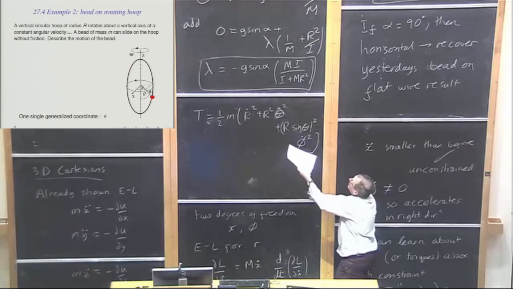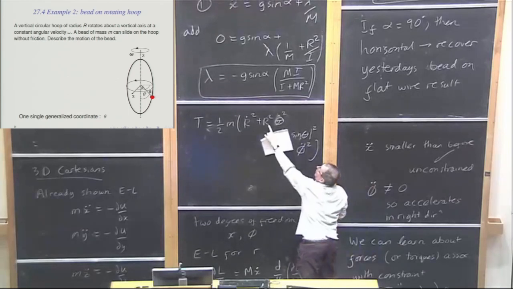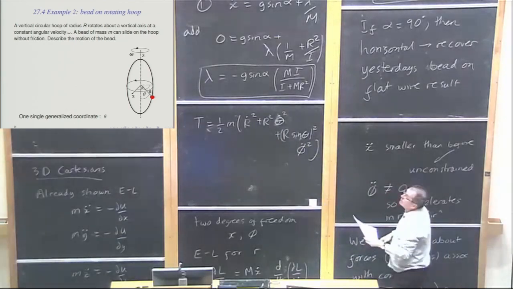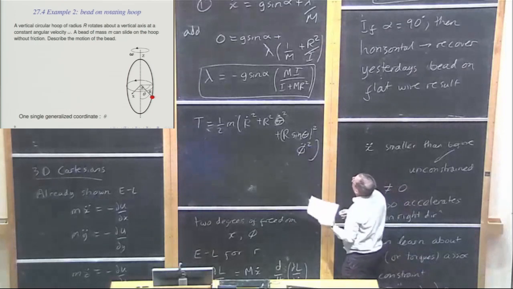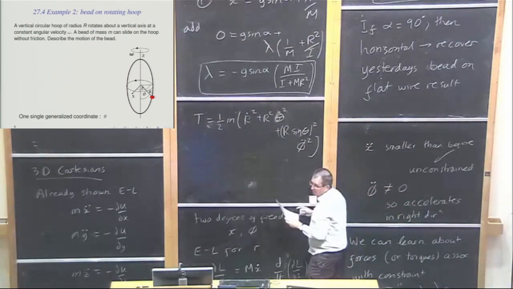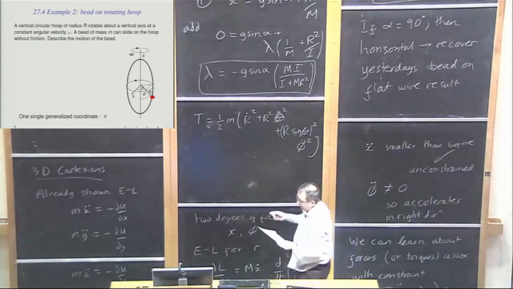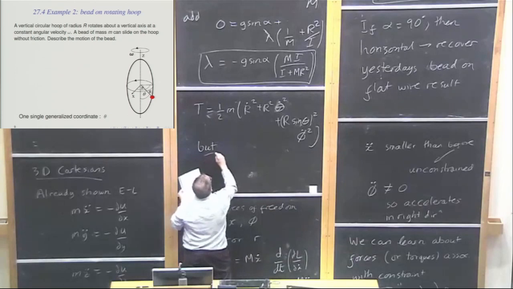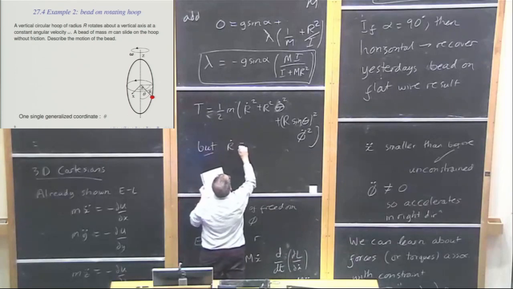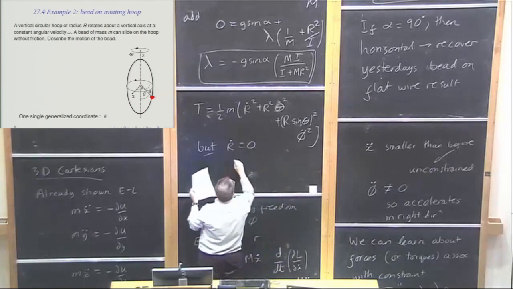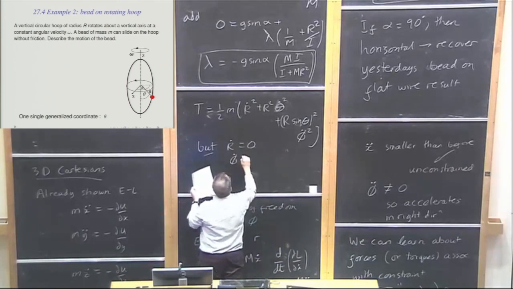The second term, it's a bit of a mess, but that's r squared theta dot squared, okay? Not as I first wrote it. And the last term is r sine theta all squared phi dot squared. But here we have that r dot is equal to 0 because the radius cannot increase, and phi dot is omega.